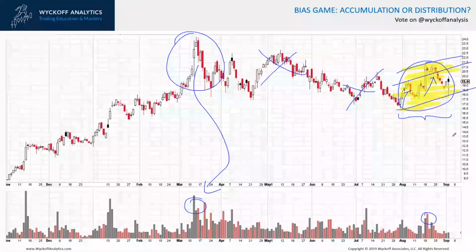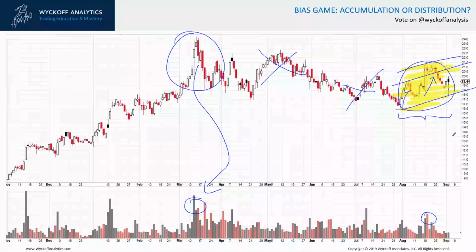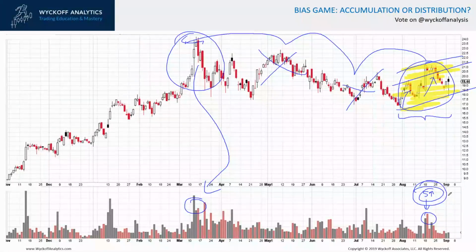I'm trying to figure out how to think of this in more of a bearish bias, and I can't find anything except maybe some supply coming in right here. And without any references to the past, we can't really understand this supply that is coming in. Is this a damaging supply, or is it the supply that is being absorbed? There are some clues here.